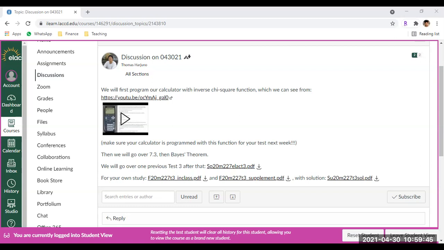Now then from there, the K is inverse norm, 0.05. The mean is 16.2, standard deviation 0.8.